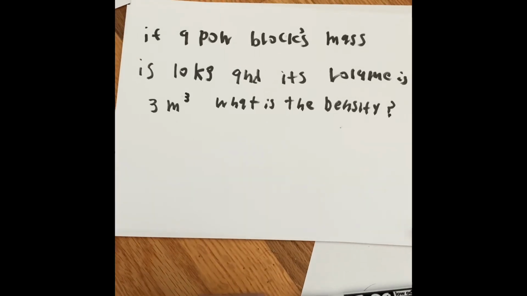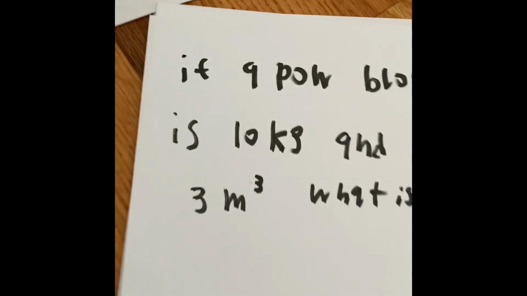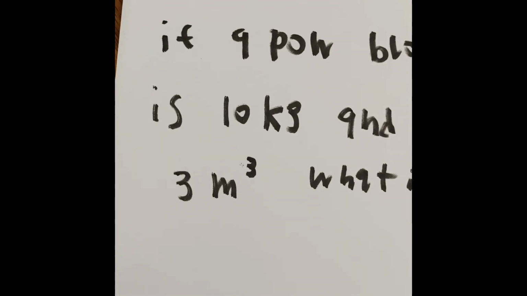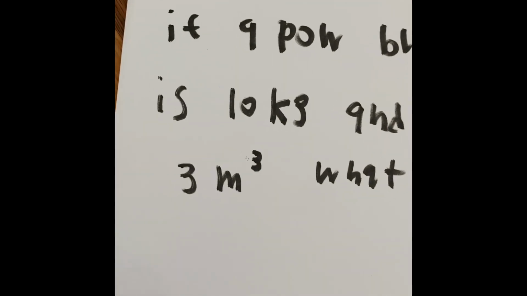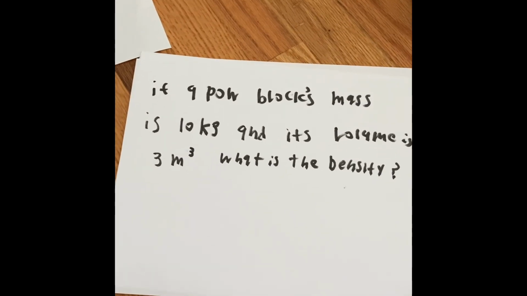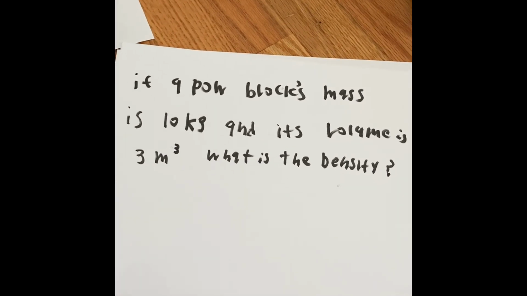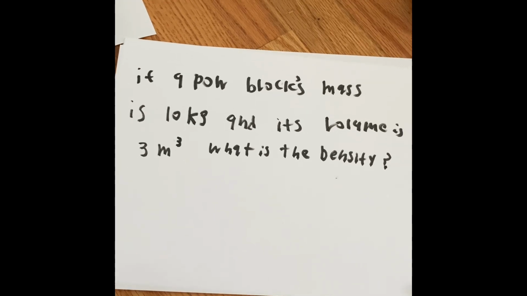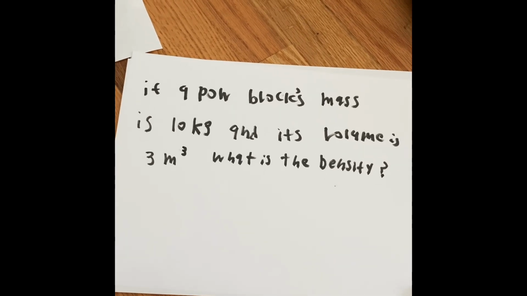If a POW block's mass is 10 kilograms, so the particles within it are made up of 10 kilograms, and the volume, or how much it holds, is 3 meters cubed, what is the density?